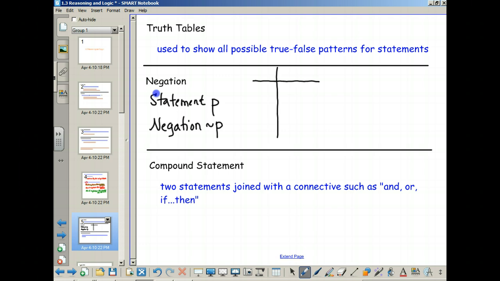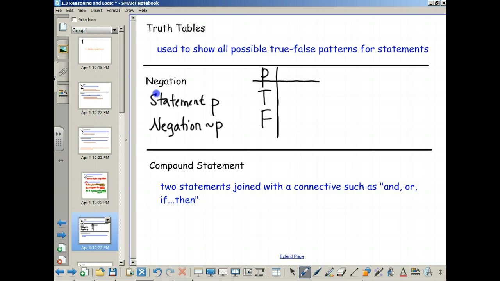It's like two columns. The statement itself goes in one column, P. And whatever the statement is, remember we said statements are things that are either true or false, and those are my only choices. So I have one option that this statement is true. I have another option that this statement is false. Those are the only choices.